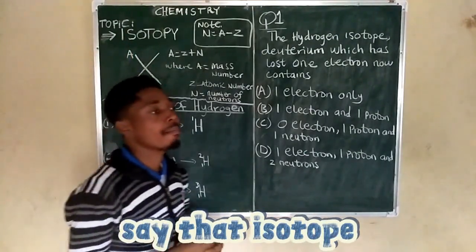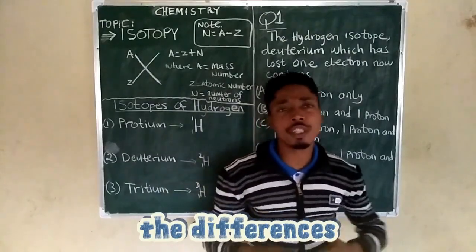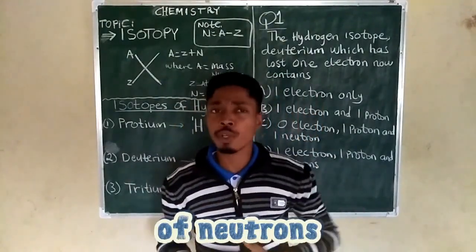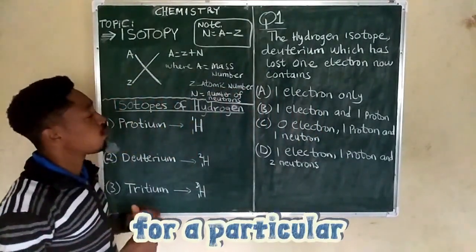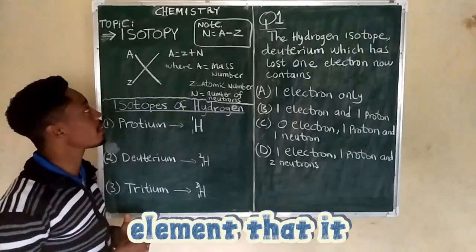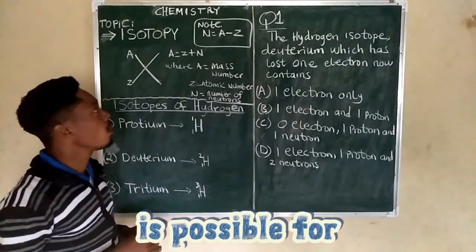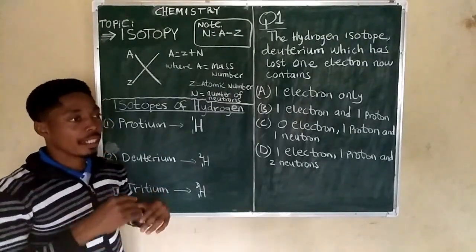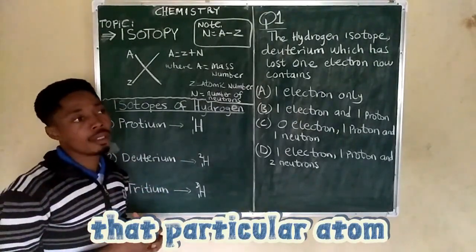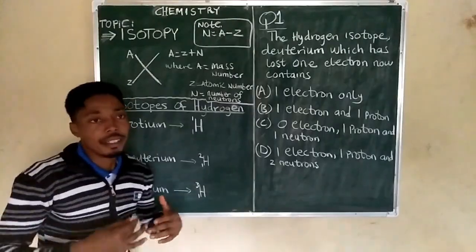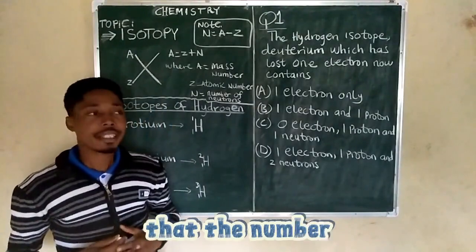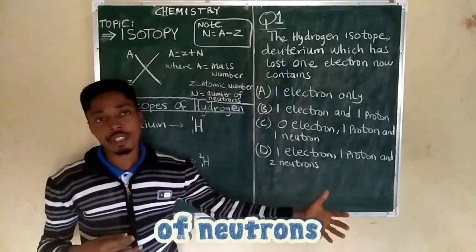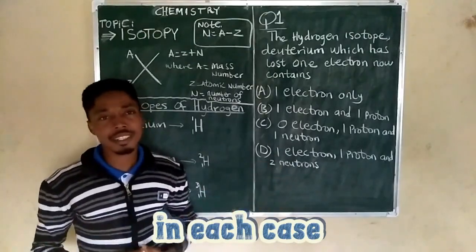So, when we say that isotopy is due to the differences in the number of neutrons, we mean that for a particular element, it is possible for its atoms to exist in forms where the number of neutrons in each case is different.